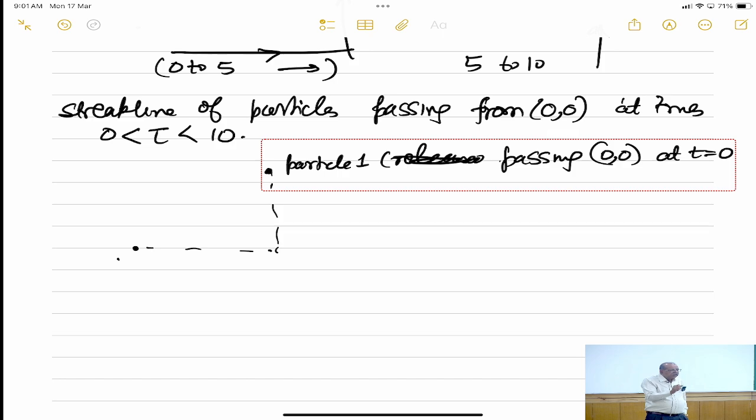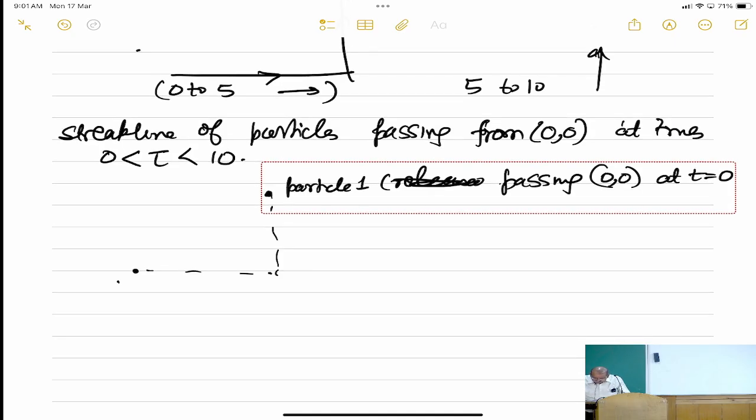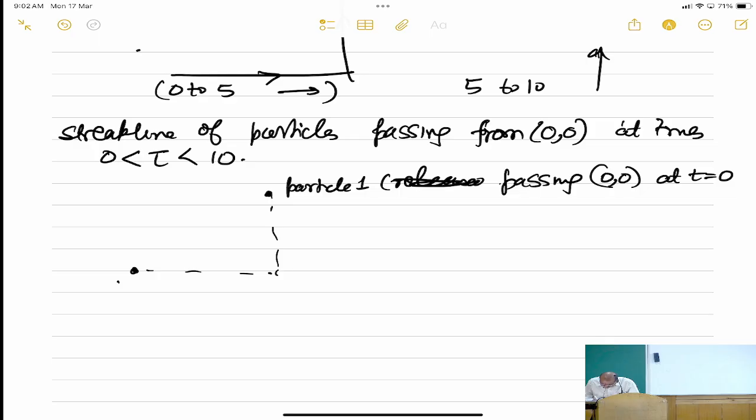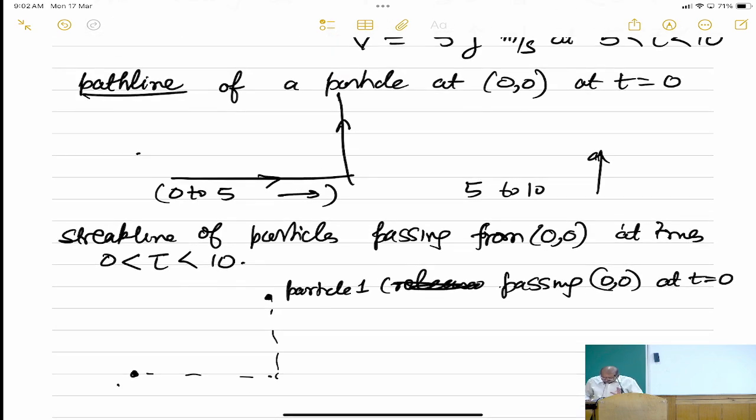Where will this particle be? For the first 5 seconds it moves like this, and then it moves up.